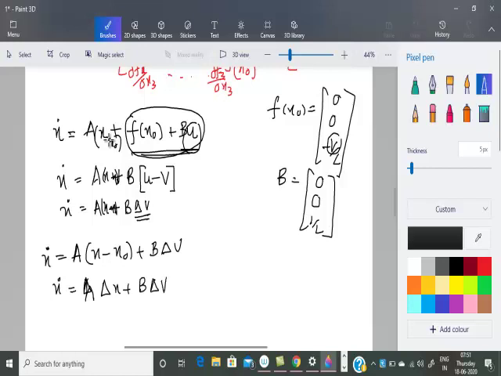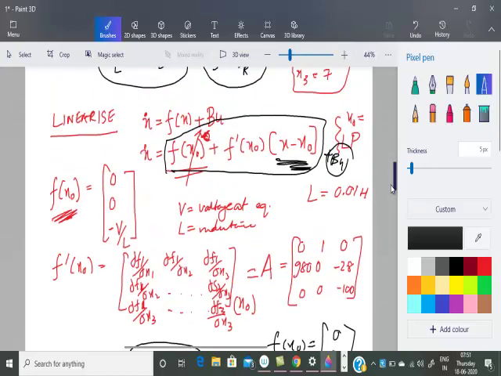And then here we redefine our state variables, because this did not happen in the linearization that we did on the last term. Why? Because x0 was 0, so there was no subtracting x0 from x to get delta x.